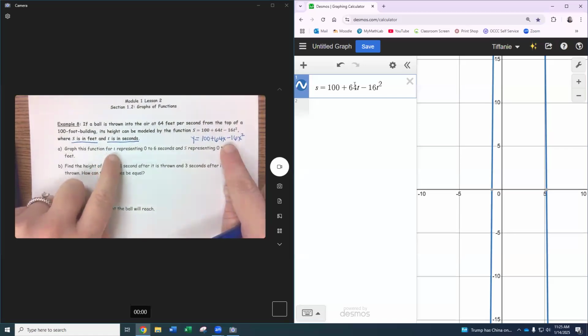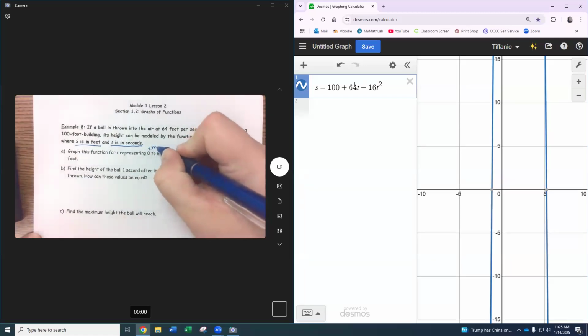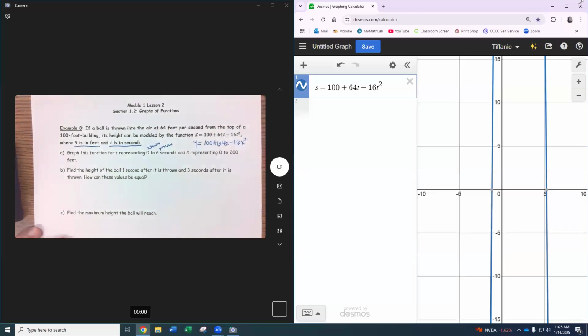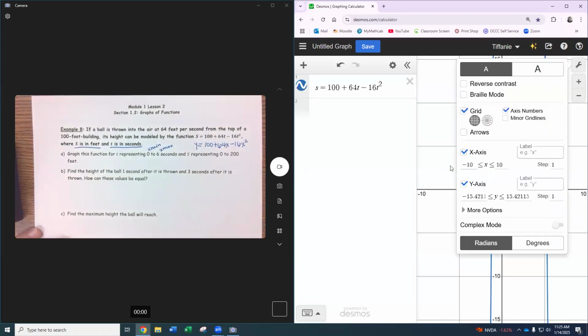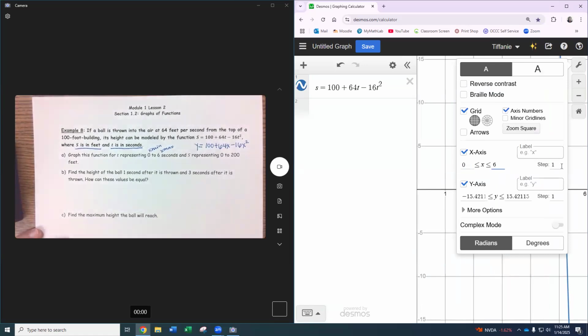So when they say that t is representing 0 to 6 seconds, here they're talking about the x min and the x max. So when I change my viewing window, I will go from 0 to 6. Doesn't tell me the scale or the step, but 1 would be a good one because it's not a very big x-axis.